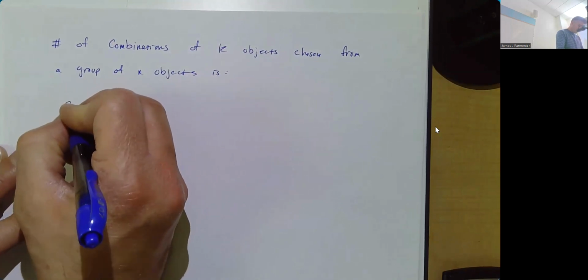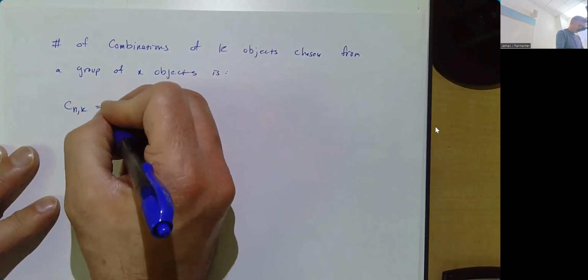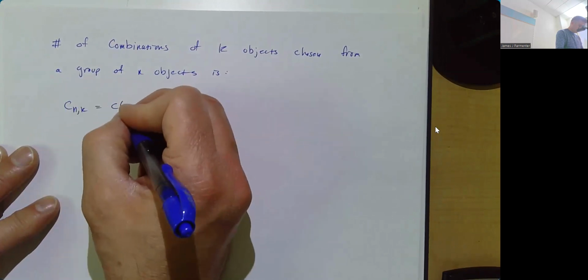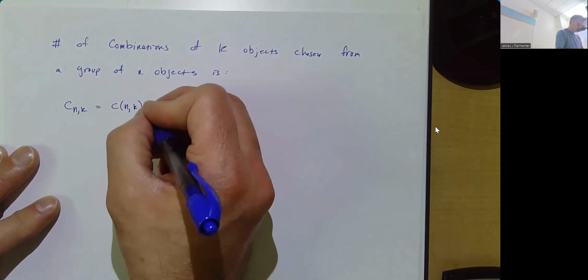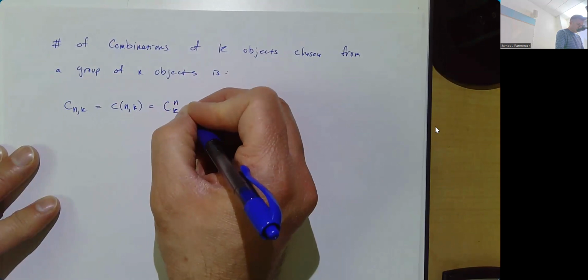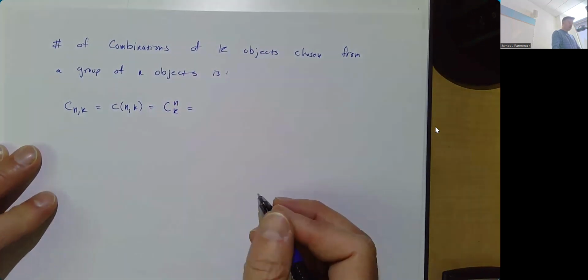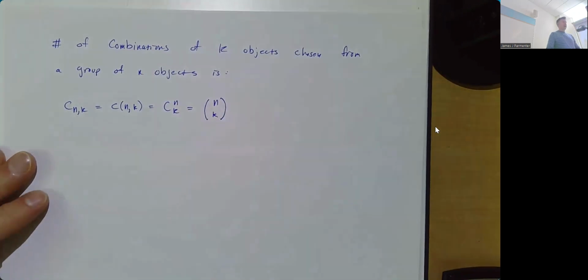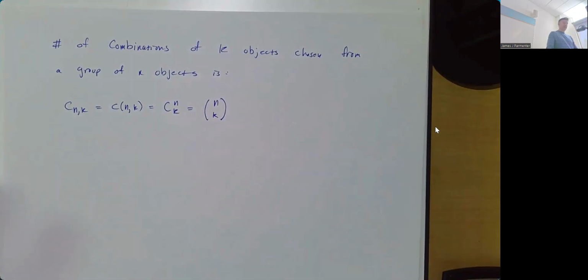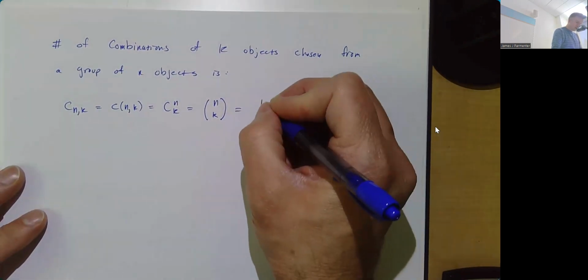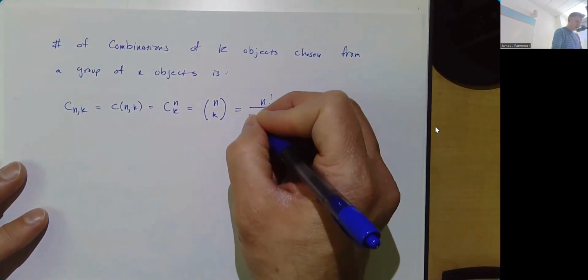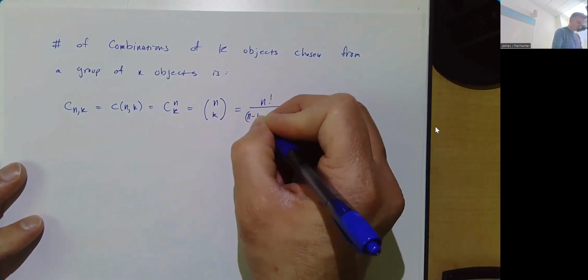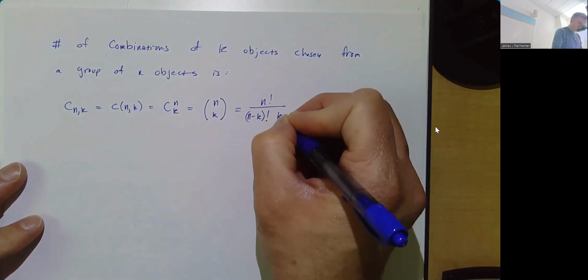You can write it as C(N, K), or C N K, or the preferred notation, N choose K. That is how everyone wants you to write it. If you have a choice, that is how you should write it. And it is equal to N factorial over N minus K factorial as well as K factorial.